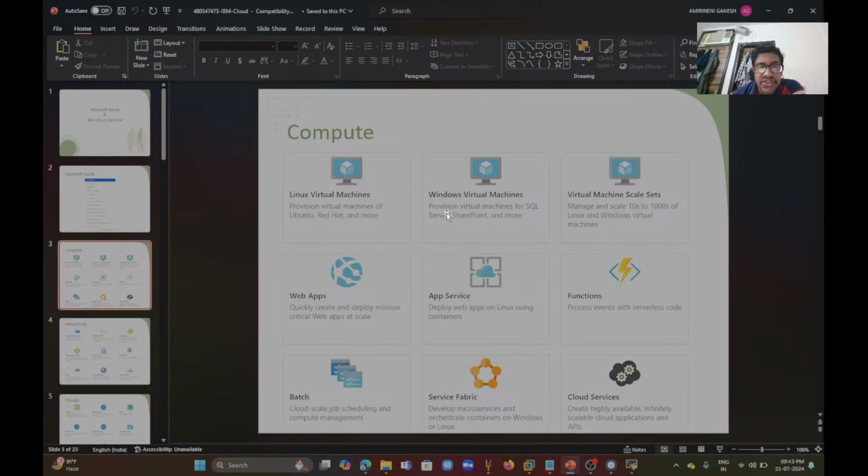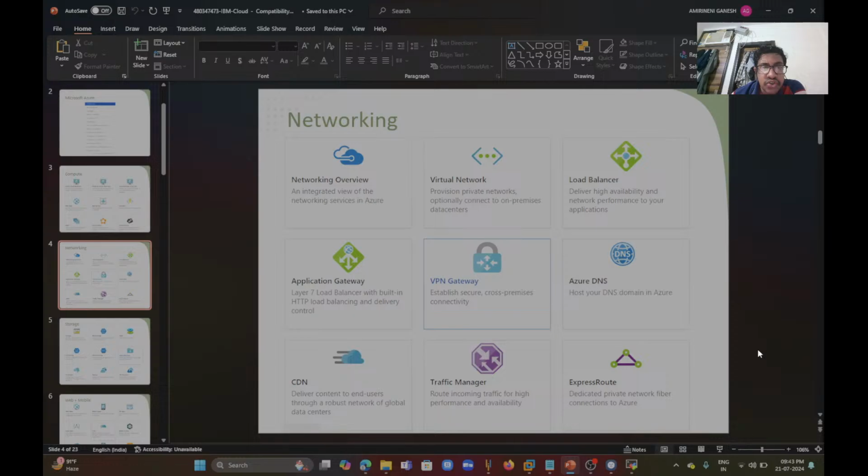This is my machine, Windows, Linux, and web apps, functions and services, all are available.